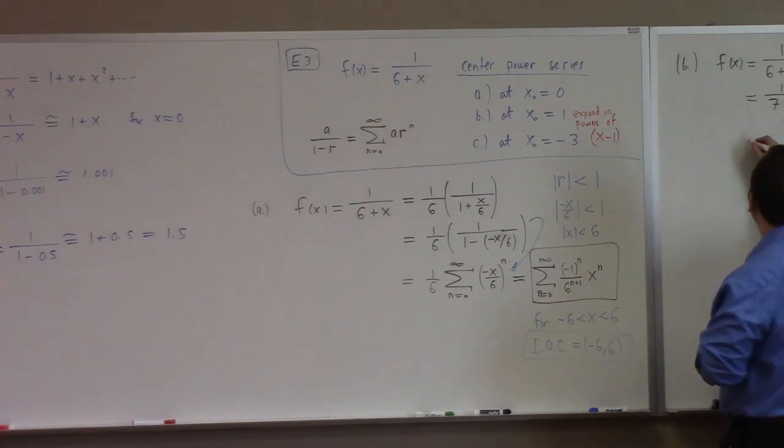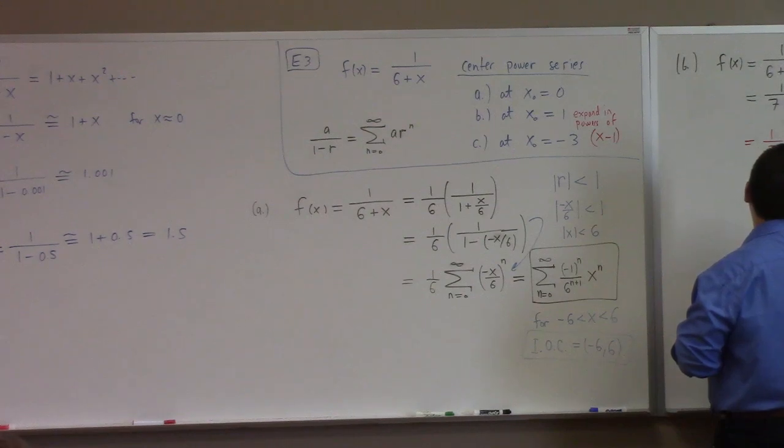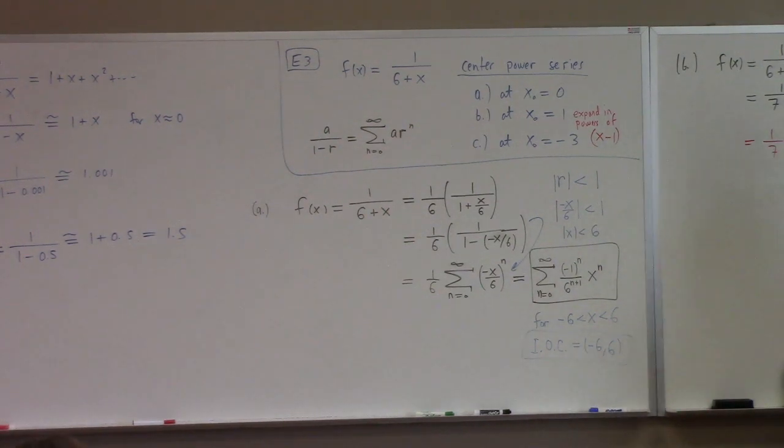So pull a 7 out, like so, right? Now we've got it in the right form. It's basically in the a over 1 minus r type form. You can see what the ratio is.